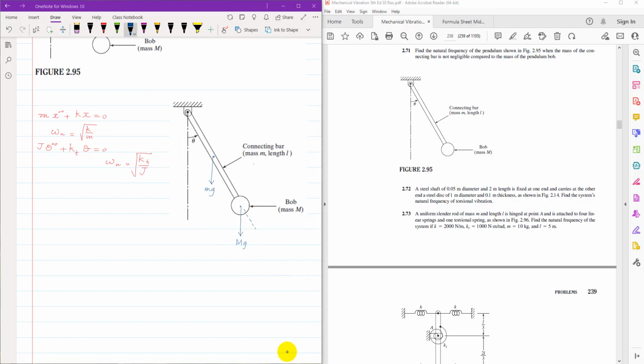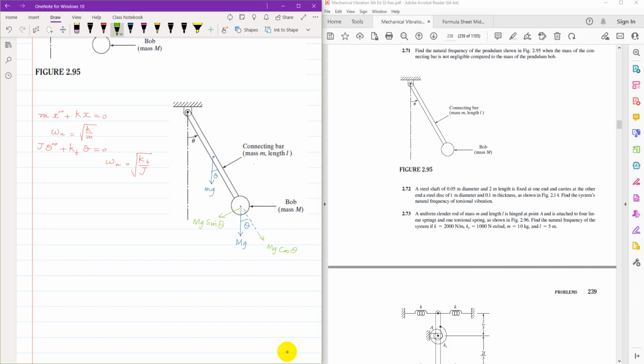Now the weight of the bob is acting downward and makes an angle theta with the rod, and the weight of the connecting bar is also acting downward making an angle theta with the rod. These two weights can be resolved into two components. One is along the rod, which is Mg cosine theta, and the other one is Mg sine theta.